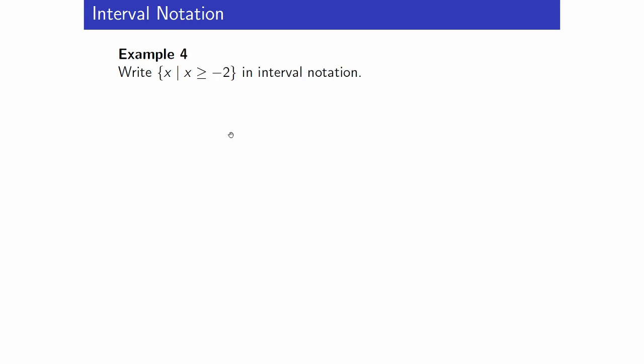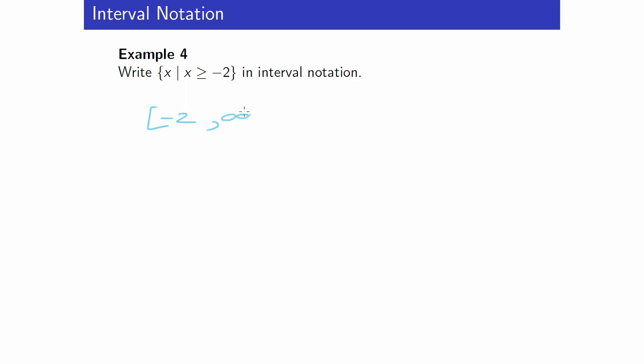So let's do another one. x is greater than or equal to -2. This is the same idea. Let's work out our left-hand side first. Where does it start? It starts at -2, and it's inclusive. And x can be anything greater than that. So we just did this.